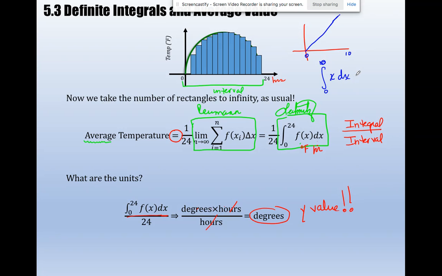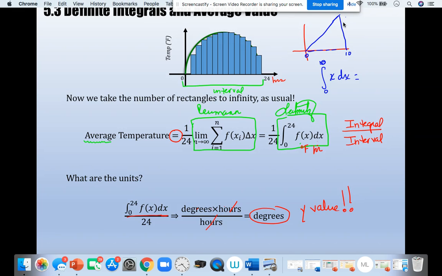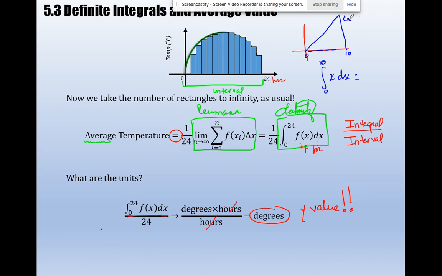What is the value? No units. What is the value of that integral? Remember I taught you that in the last video? This is just a triangle. dx is positive. This point is 10 comma 10. So the area is 1/2 base times height. That integral is 50.